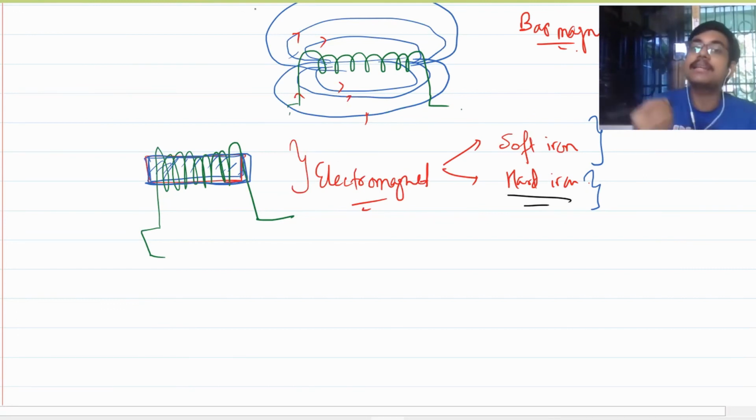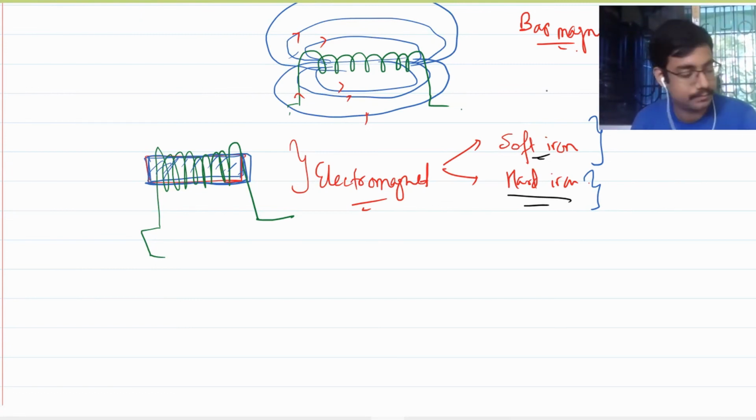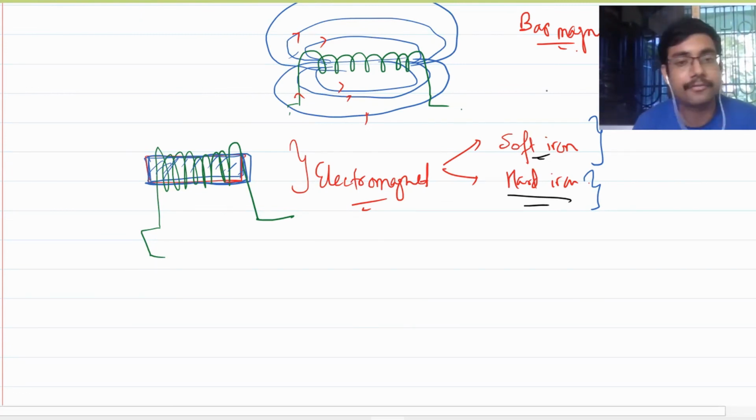When you magnetize it, it will not suddenly lose its magnetic property. If you bang it multiple times, then it may lose its magnetic property. Otherwise not. But soft iron is a material that instantly loses all its magnetic properties if you take away the current. Is that clear? Clear enough?